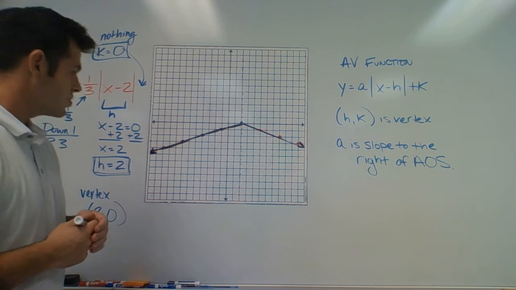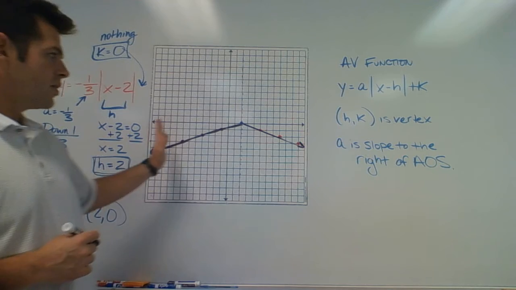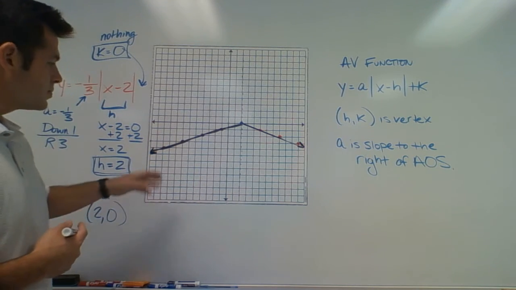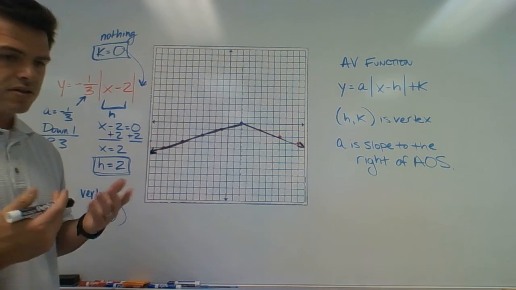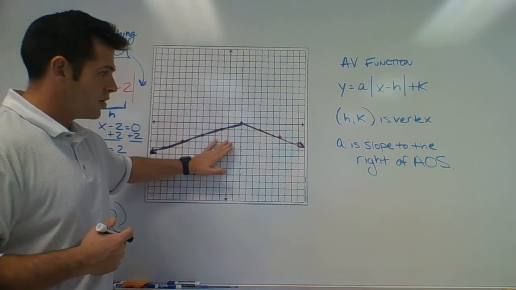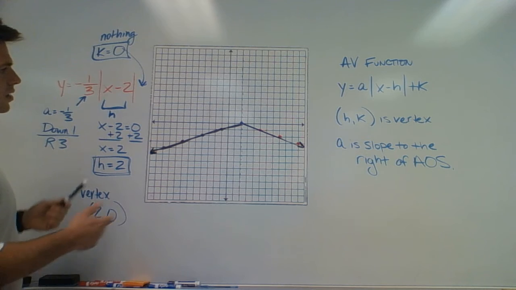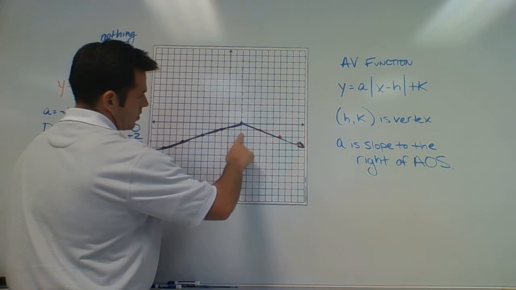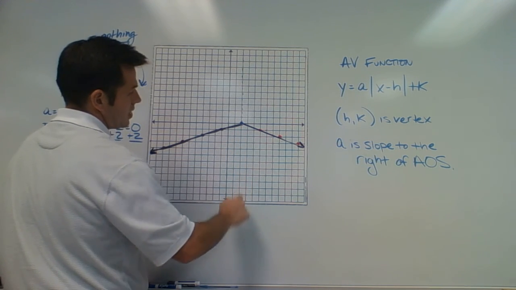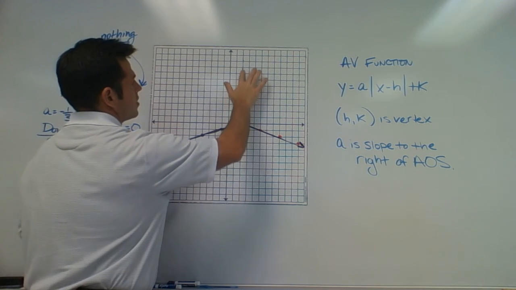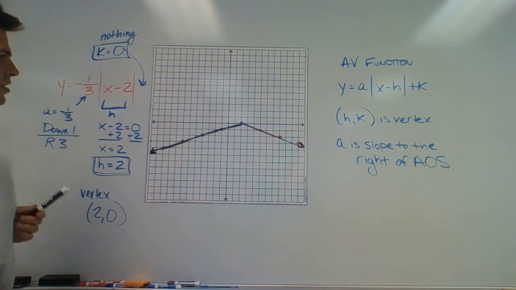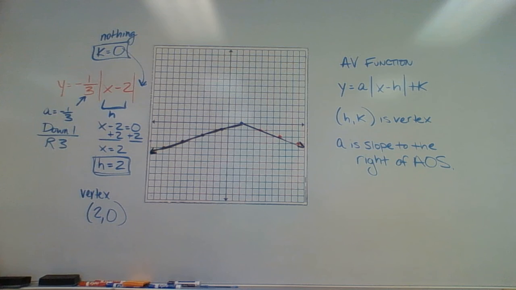By the way, just to double check myself, traveling from left to right, how we read, I go up 1 and to the right 3, so the slope here is positive 1/3 compared to over here where the slope would be negative 1/3. Go ahead, just for the heck of it, you might as well erase the axis of symmetry. You don't need that in there. It definitely helps you graph it. But we should be able to see here an awfully wide absolute value function. y is equal to negative 1/3 absolute value of x minus 2.